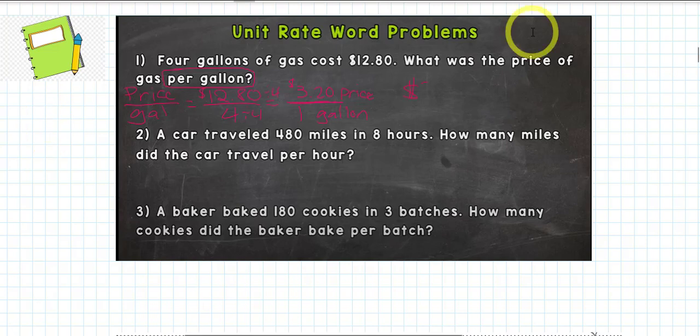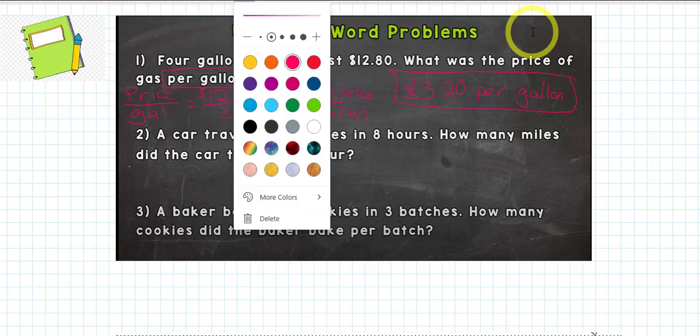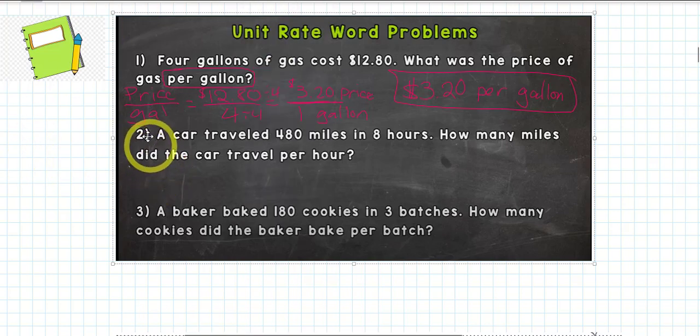Okay, that would be $3.20 per gallon. Okay. So we end it with words showing the unit rate. All right, so why don't you pause the video and try number 2 and number 3, and then we'll do them together.